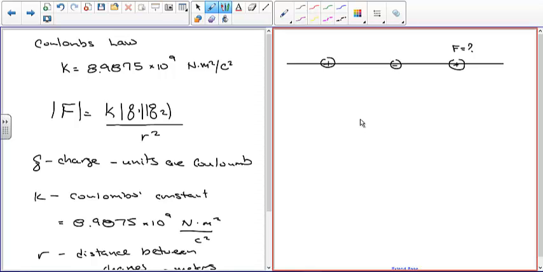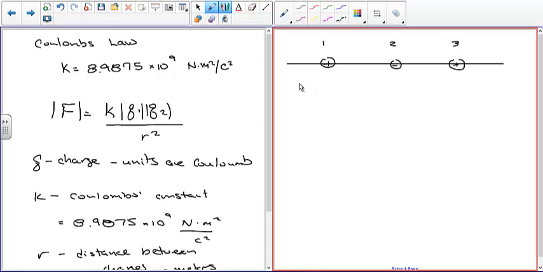We actually have three charges: two positive charges and a negative charge. The question is, what is the force on the third charge due to the other two charges? I'm going to give some numbers. We'll call these object 1, object 2, and object 3.